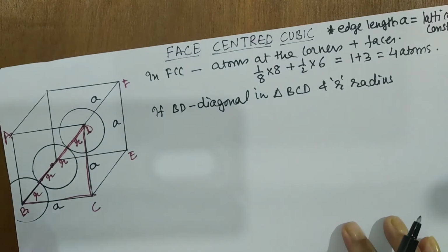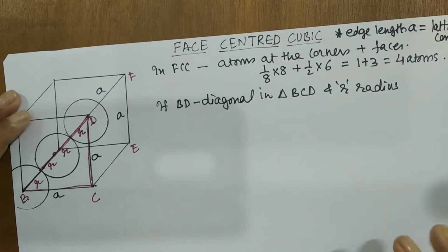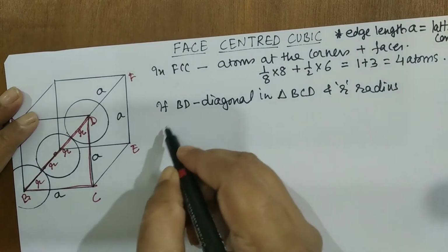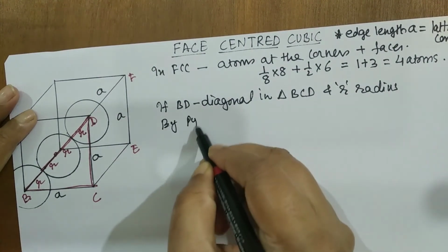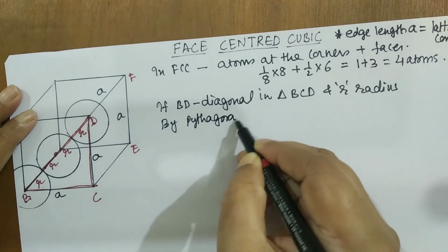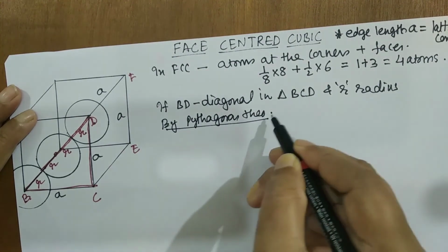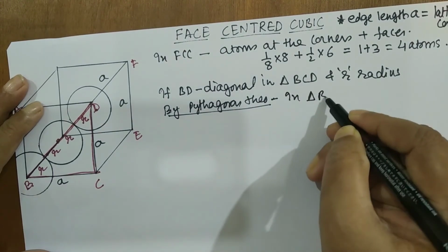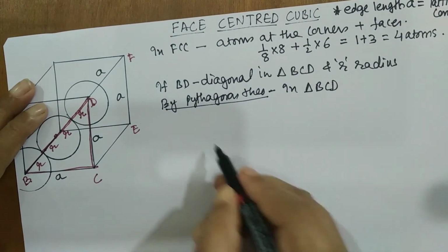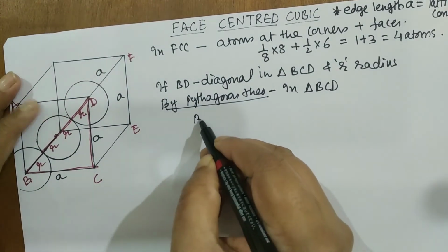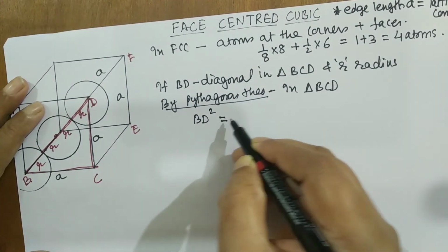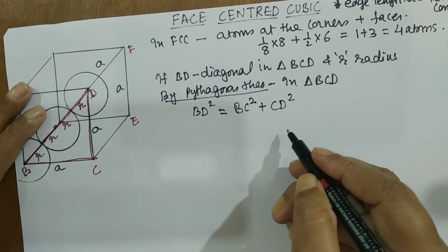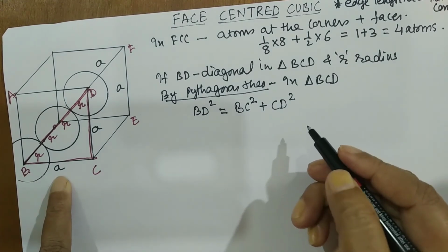Now let us start for the derivation. You can do this now simultaneously for more practice. So let us start. Which triangle will I be considering? By Pythagoras theorem, let us consider triangle BCD. Now what will I get? BD square is equal to BC square plus CD square. What is BC? BC is A. What is CD?